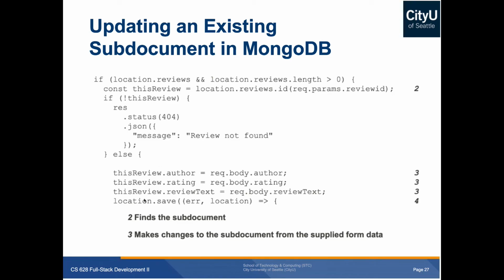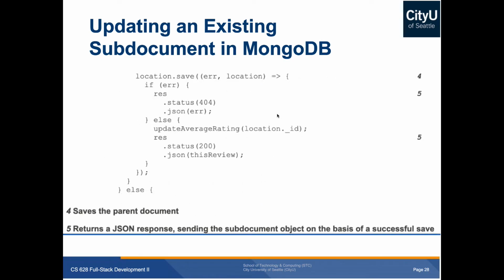We can now update the values, right, using what we got from the form data, the request body, and then get the author, rating, and review text, and assign it to our current variable, this review. And then now let's save it to our location collection, right? When we're trying to save it, any error, throw an error.